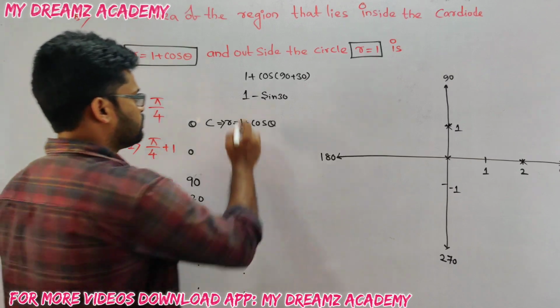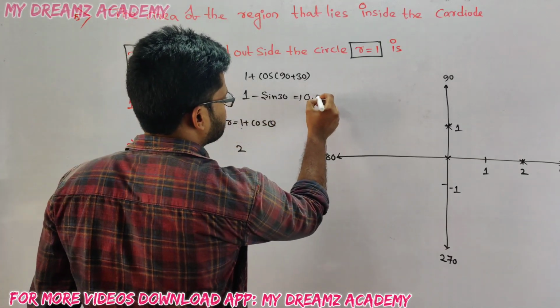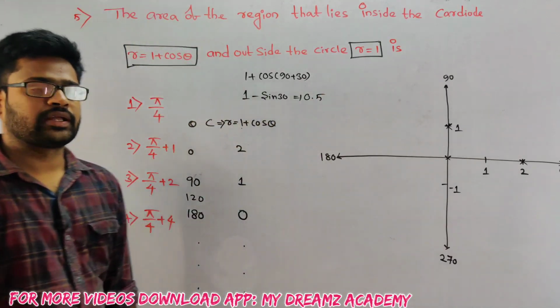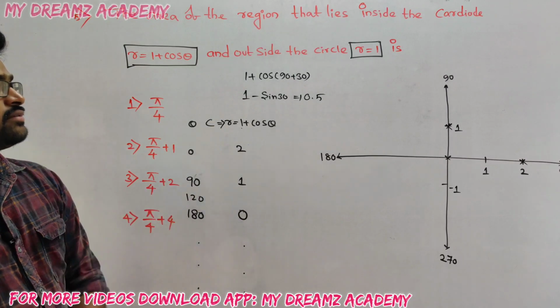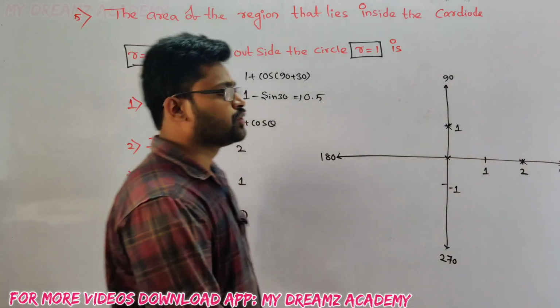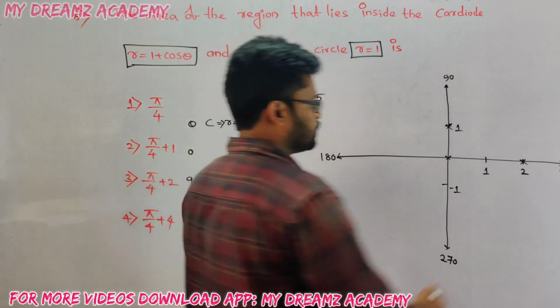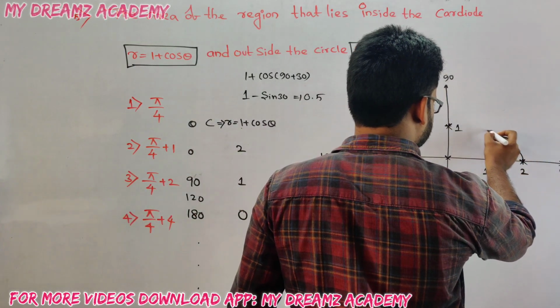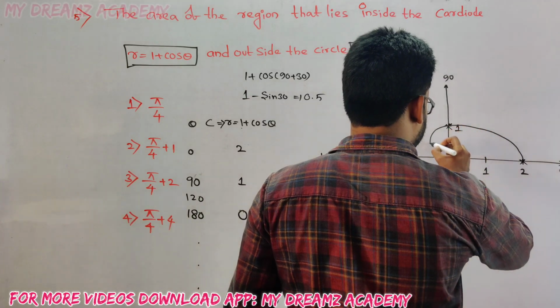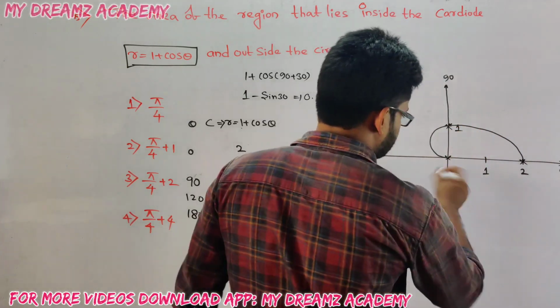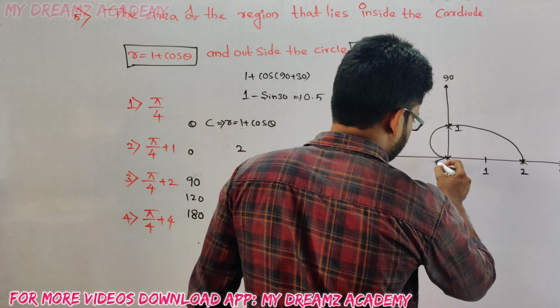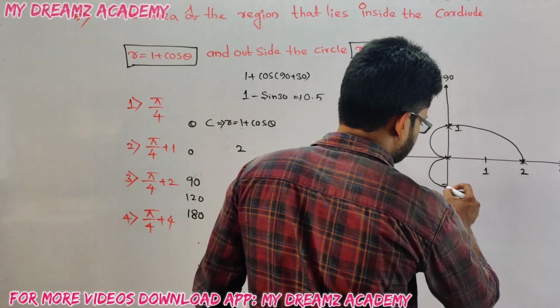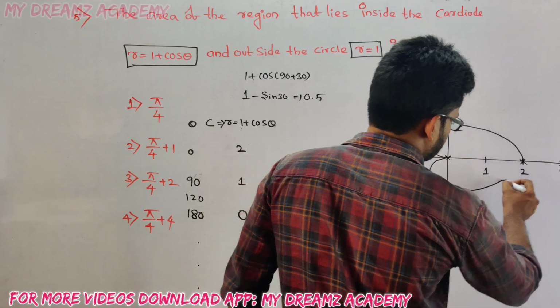So 1 minus 1 by 2 will give 0.5. At 120 degrees the value is 0.5, with a positive sign. So it will vary like this. Similarly, for 180 degrees to 360 degrees, it will be like this.